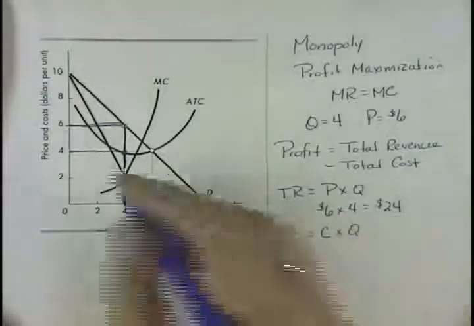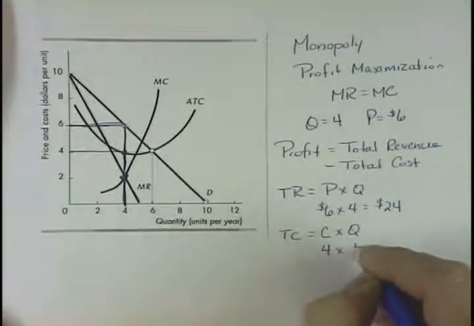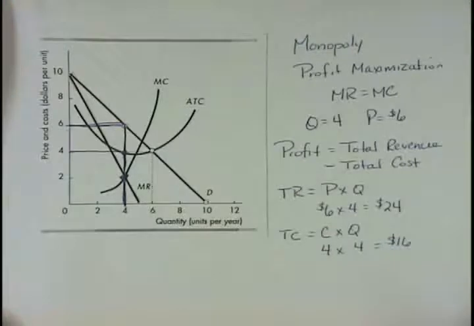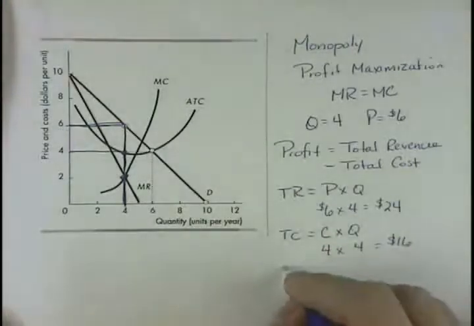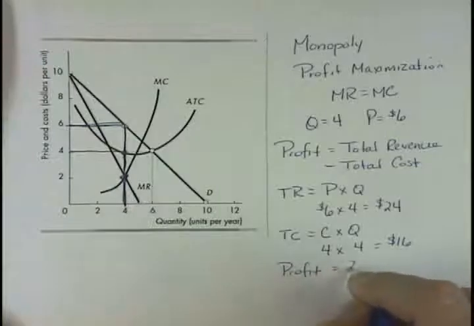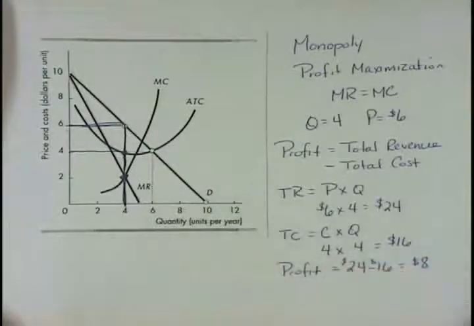The cost per unit we just decided was $4. The quantity, again, is 4, so $16 is my total cost. Then to get our profit, we take the 24 minus the 16, and our profit is $8. So that's how we find the profit maximizing quantity, the profit maximizing price, and what our actual profit would be.